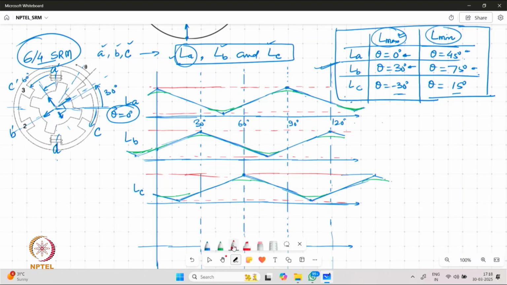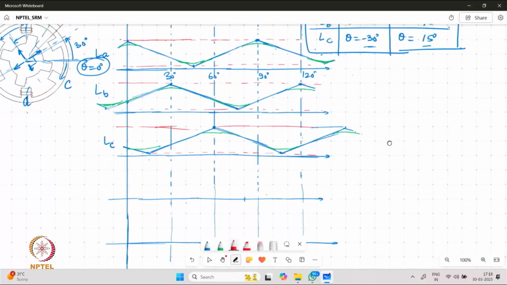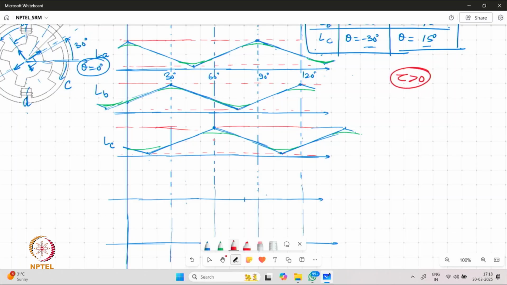If we try to draw the rate of change of inductance for the three phases, and we are considering only generation of torque in the positive direction, we are going to consider only positive change in the inductance.